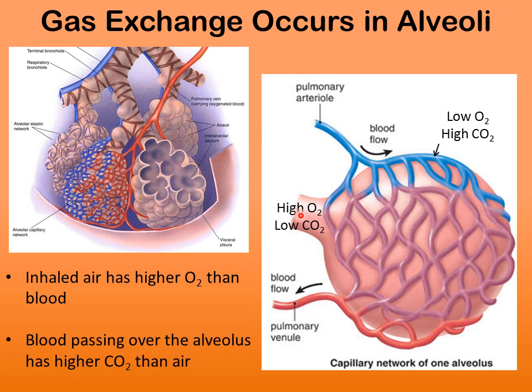The air inside the alveoli is high in O2 and low in carbon dioxide, and that produces a concentration gradient. So as the blood passes over this capillary bed, it will pick up oxygen and dump off the CO2 back into the alveolar space, because those chemicals are just following their own concentration gradient. It's nothing but simple diffusion.